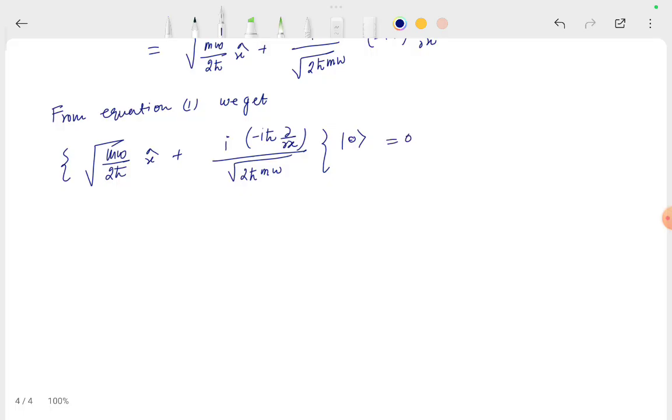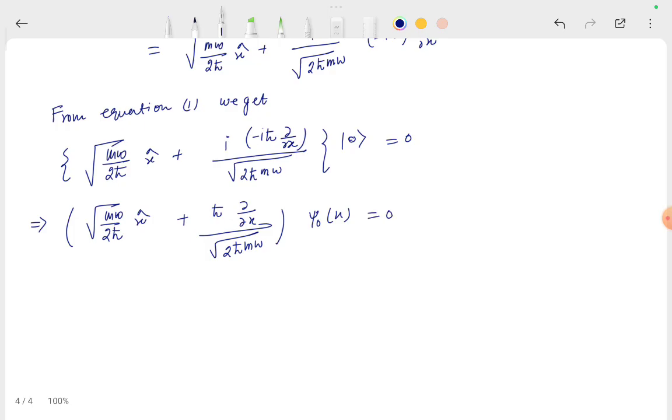Okay, so let us assume 0 ket is equals to ground state. So it's written here like psi 0 of x. So m omega upon 2h cut x cap plus h cut del del x upon 2h cut m omega psi 0 of x equals to 0.